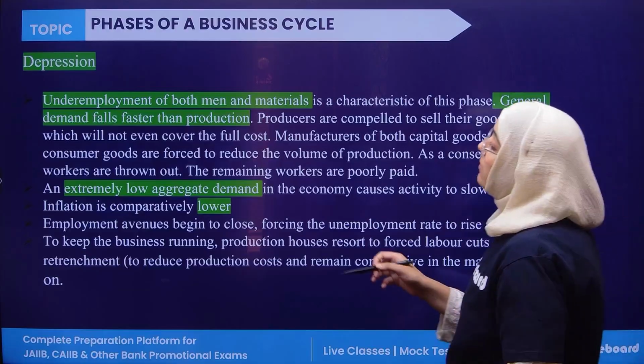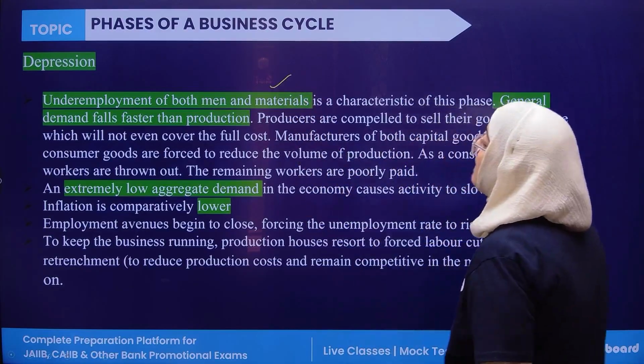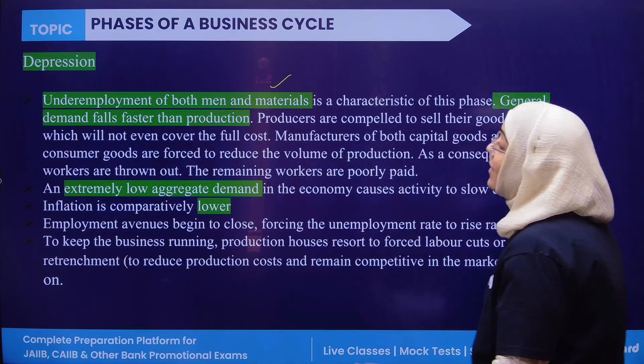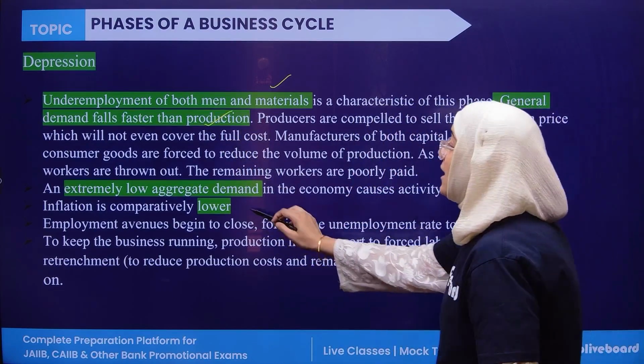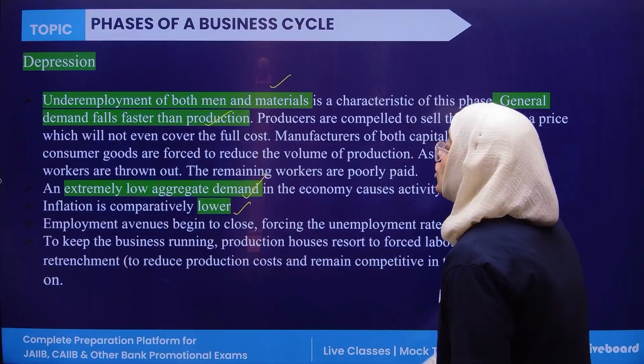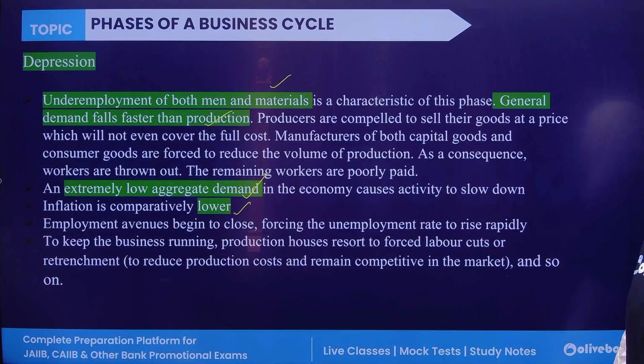So in depression, you will find underemployment of both men and material. Demand is less than production. There is extremely low demand and the inflation is comparatively lower. That is called depression.